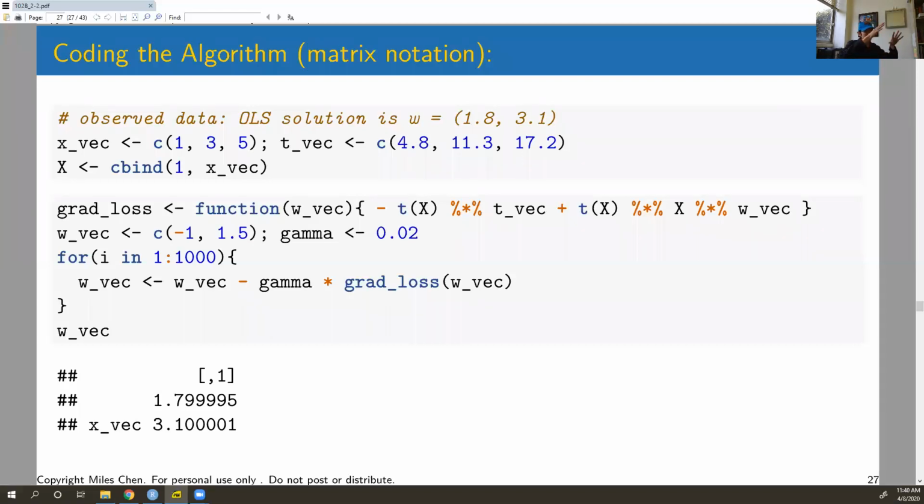But if you had a different surface with different local mins and local maxes, one starting location can have you end up in one local min, and a different starting location can have you end up in a different local min.